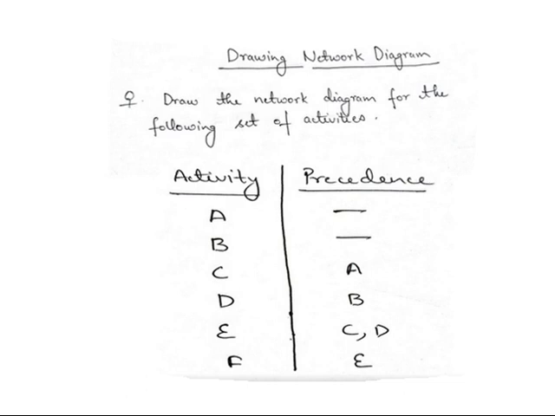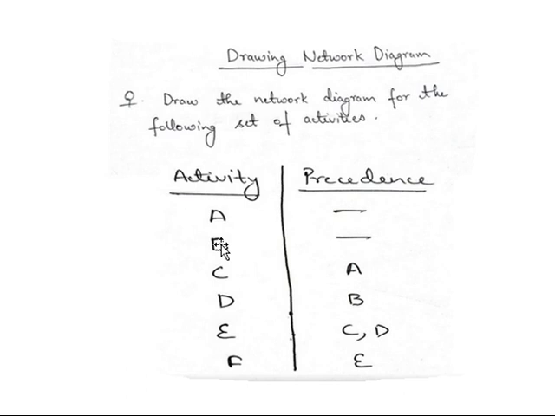Before going to that, there is one more problem on constructing a network diagram. This is the problem that has been given. By looking at this, we need to construct the network diagram. There are six activities in total, and the activities follow some relationships.